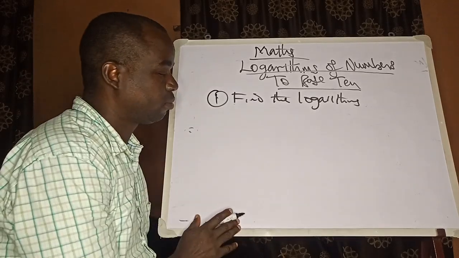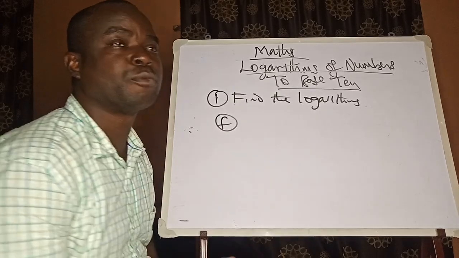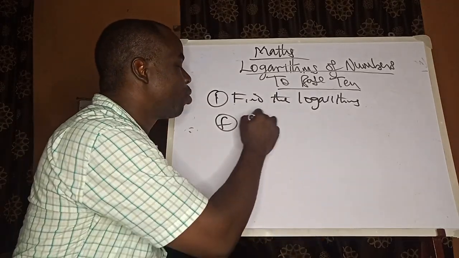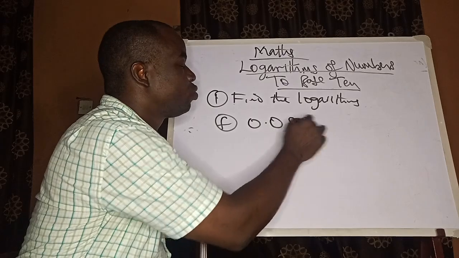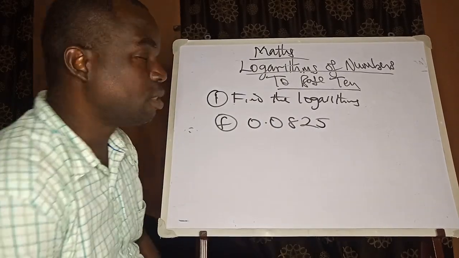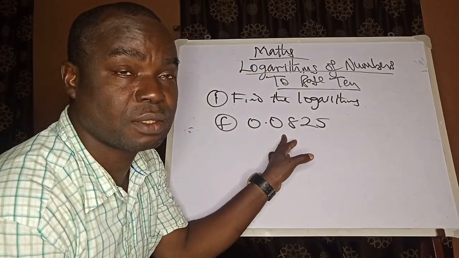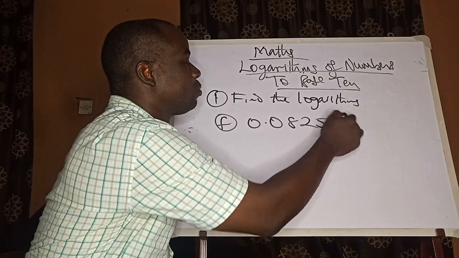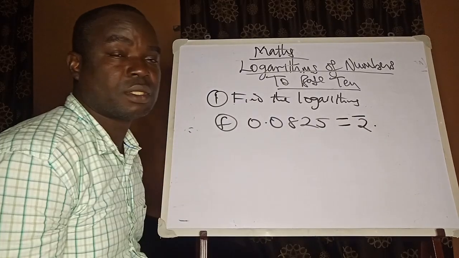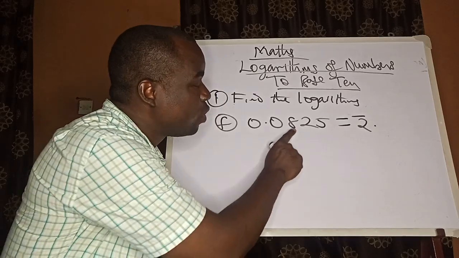Let's take the next one. Next one is 0.0825. How many zeros can you see before the first number? That's 2 zeros, right? So it will be bar 2 points. I told you to put bar because of 0 point, okay? So now we're looking for 82 under 5.